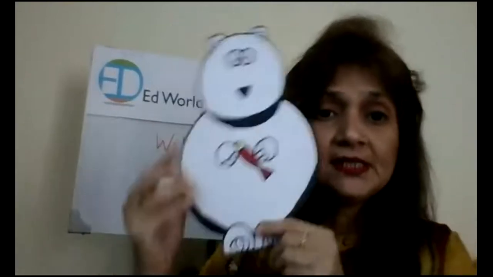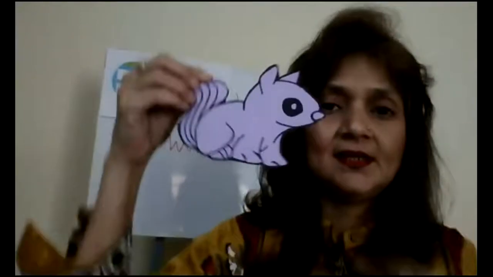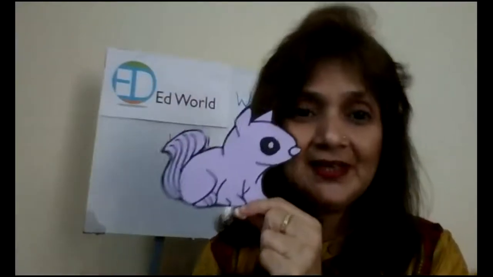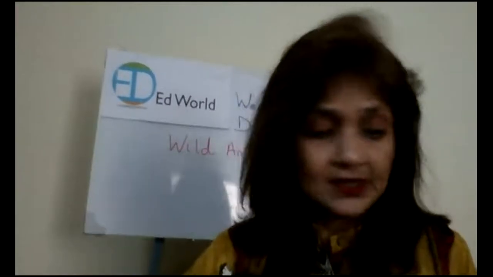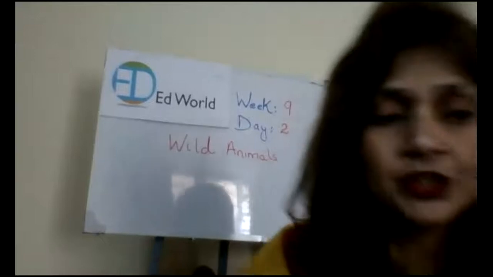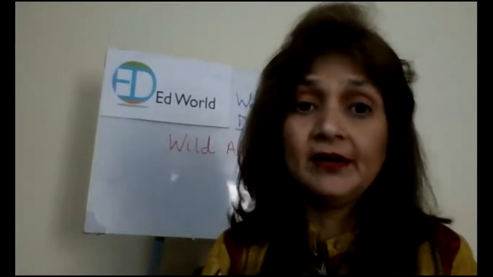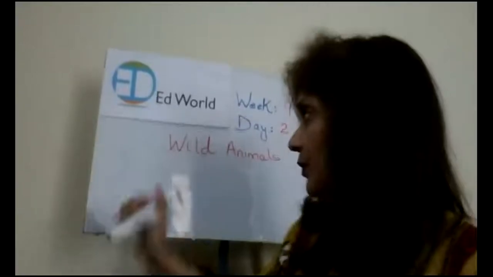Which animal is this? It's a polar bear, correct? And which animal is this? It's a squirrel, correct? Now, the animals that you have seen just now and the animals that you have seen in that video, I want you to tell me their names. What were their names? Come on, quickly.